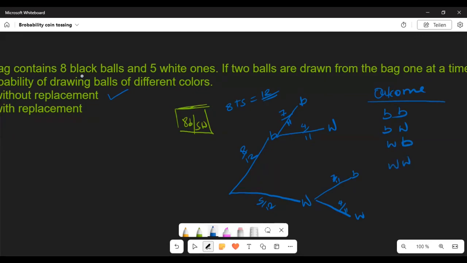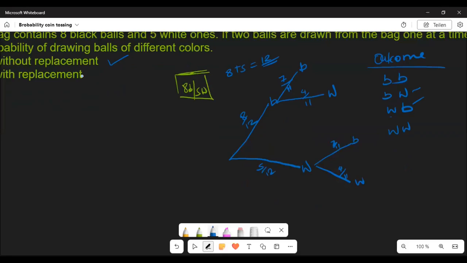Now, they want us to find the probability of drawing different colors at a time. So that's going to be this one and this one. So basically, we're going to look at the probability of drawing black and white, and then add the probability of drawing white and black.